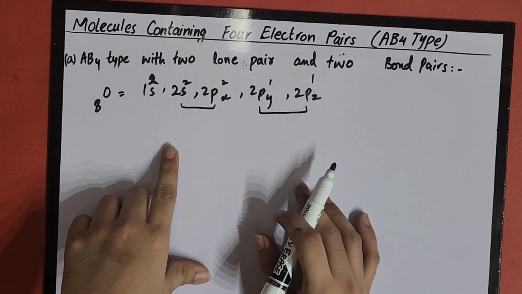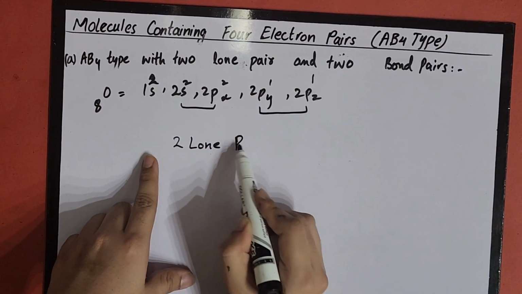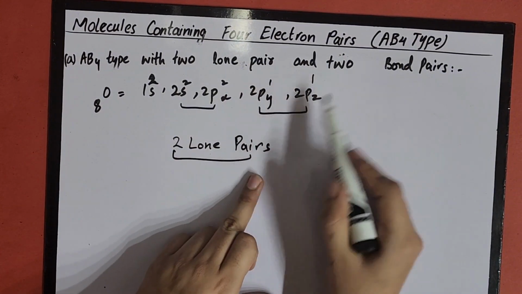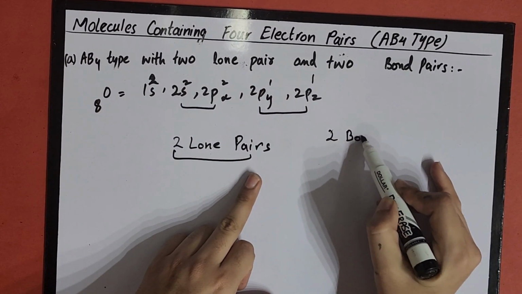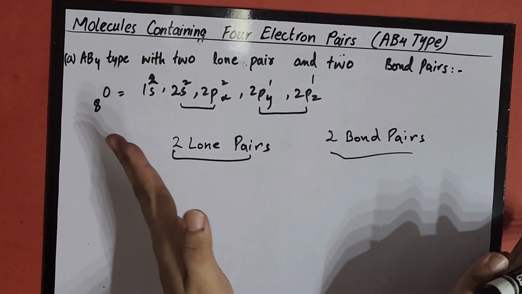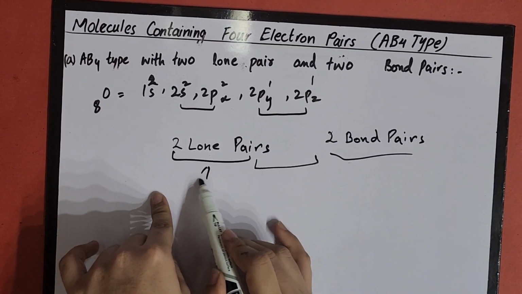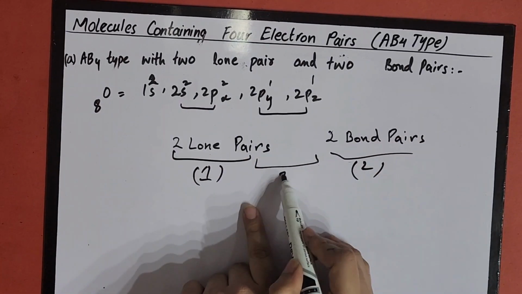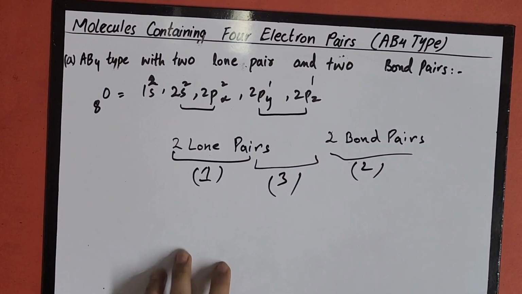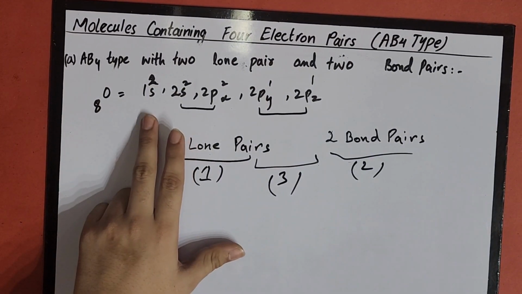So there are three types of repulsion. First is between two lone pairs. Two lone pairs repel each other. Another type is between two bond pairs. Two bond pairs will repel each other. And the third type of repulsion is between lone pair and bond pair. So let's discuss oxygen, with atomic number 8, and its configuration written here.